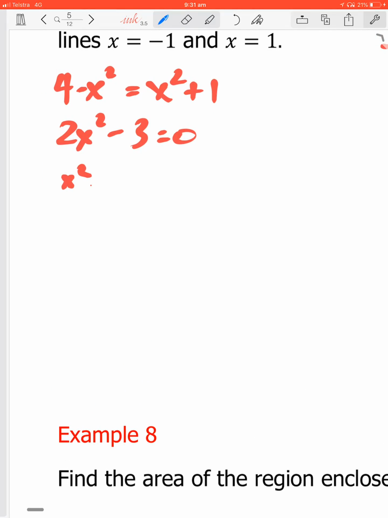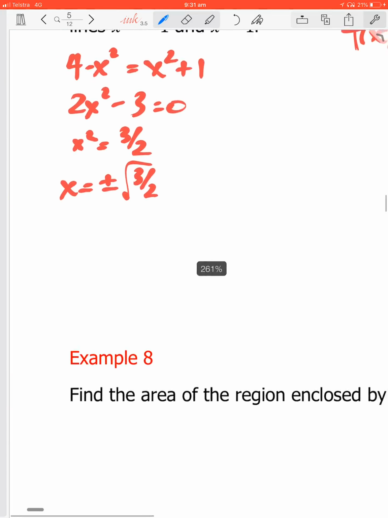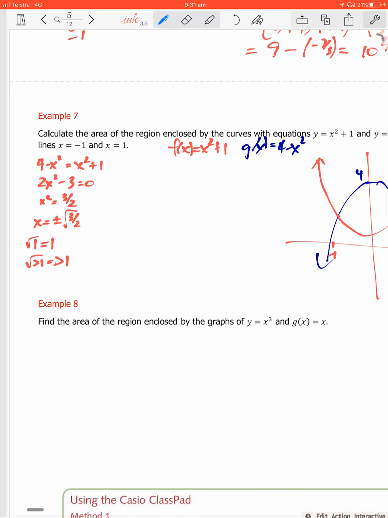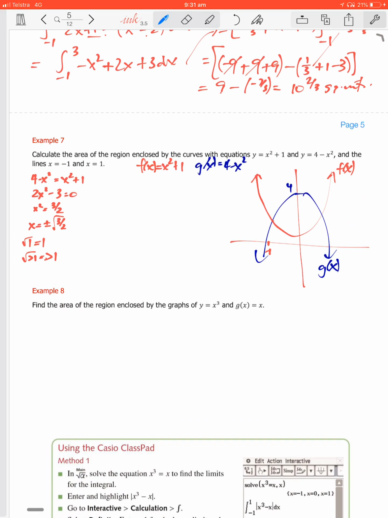We get x squared is equal to 3 on 2. So then we get x equals plus or minus root 3 on 2. Now, is root 3 on 2 greater than 1 or less than 1? Well, we know root 1 is equal to 1. So root something greater than 1 has to be greater than 1. So we know that these intersection points are going to be beyond 1 and -1.